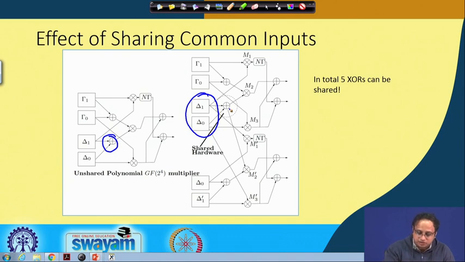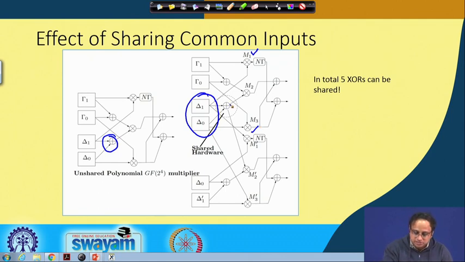Likewise, you can see that there are 3 multipliers. If you observe M1 and M1 dash, you see that there is also one input which is shared. They are essentially coming from the same delta 1. So you can still save some gates over there. In the lower field you will be saving 1 gate there, because the lower computation will be in GF2 2. So you will be saving a 1 bit XOR.